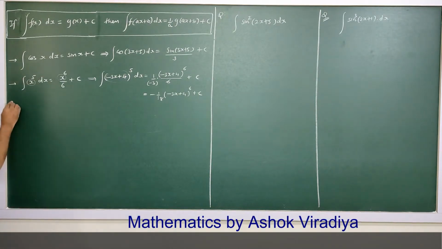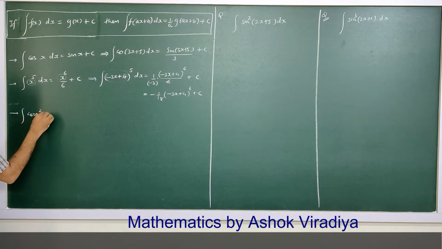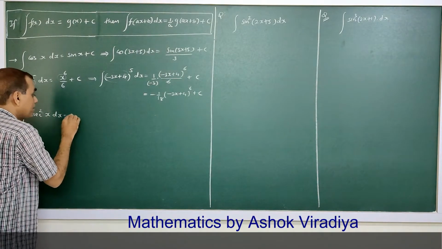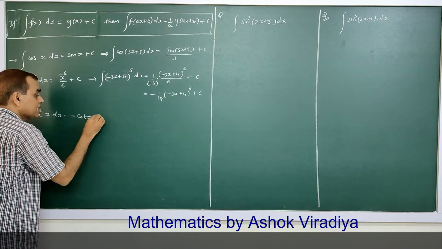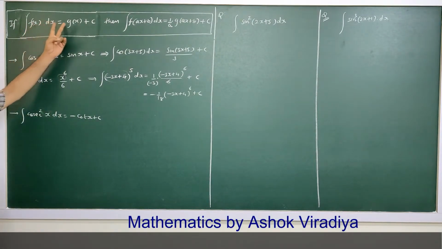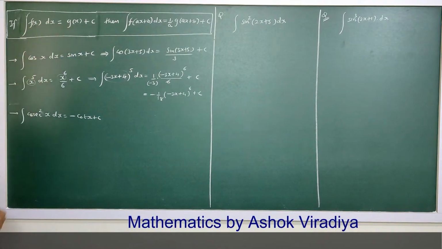Then, the integral of cosec square x is minus cot x plus c.